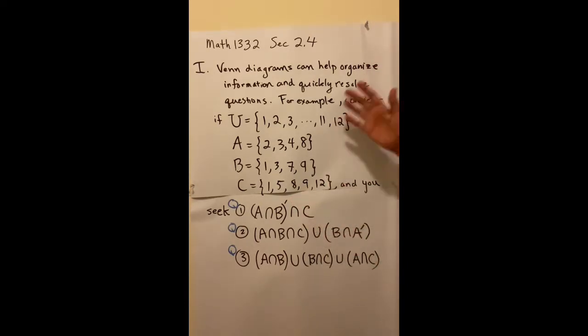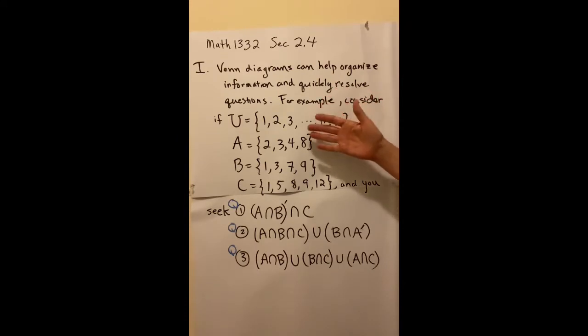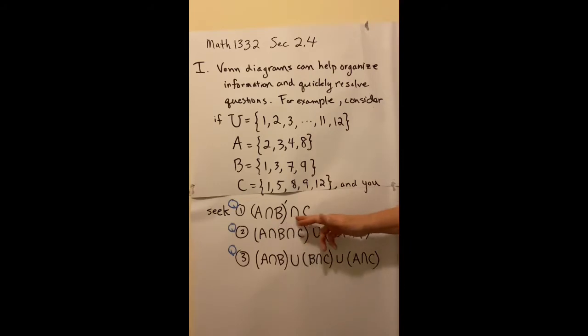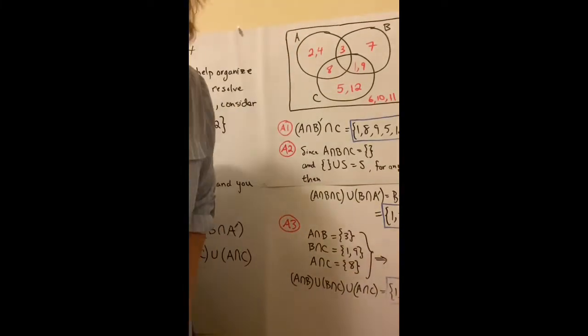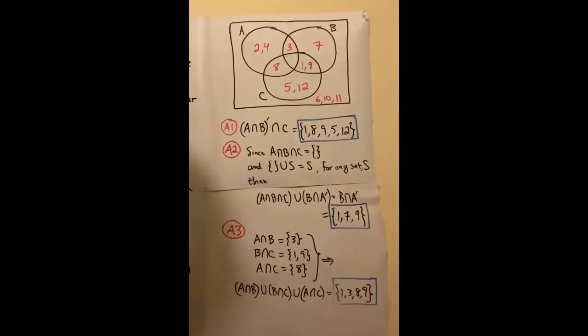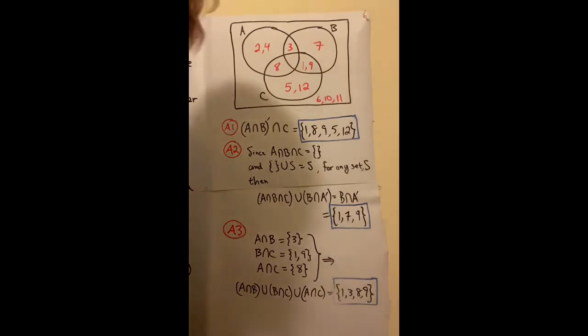If you tried to do this using just the roster method of sets, it would take you quite a while. You'd have to break it up into many little parts. Whereas if you use a Venn diagram to organize your work, a lot of things are a lot easier to answer.